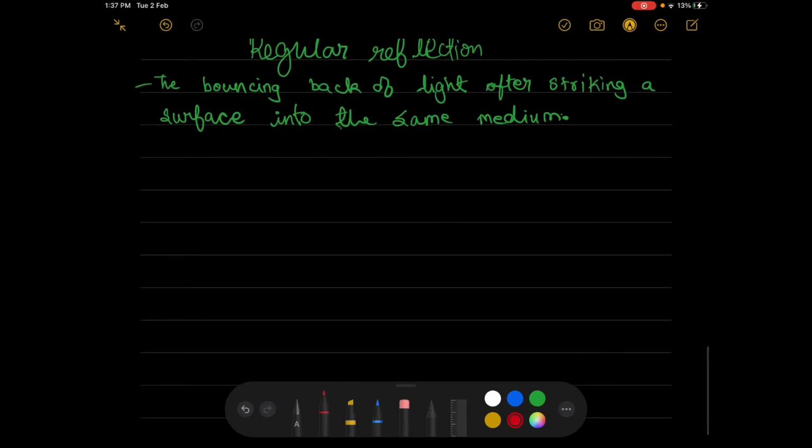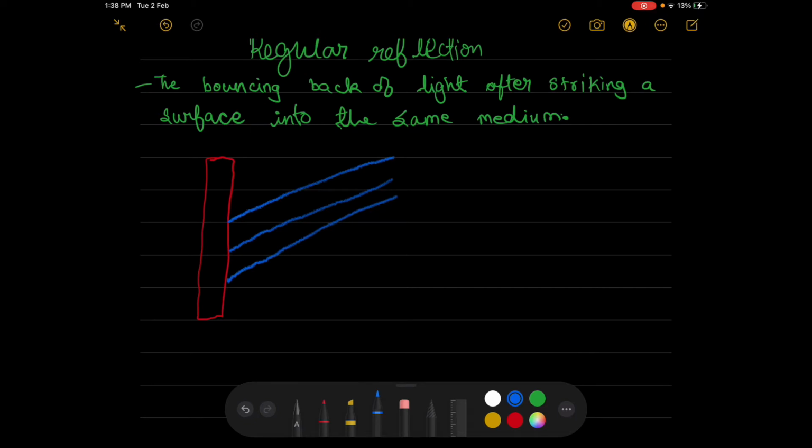Okay, now let me explain the definition. So let's take a wall over here. So think of it as a wall. Okay, now here comes a beam of light, a parallel beam of light. Okay, one ray, two rays, and the third ray. Now that they have hit the wall over here, they will bounce off.